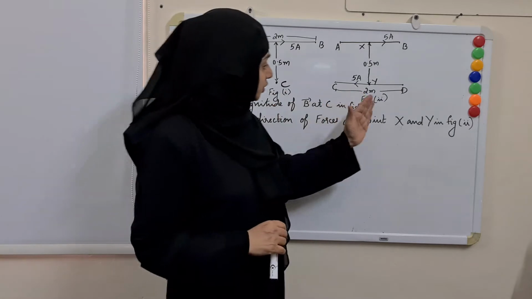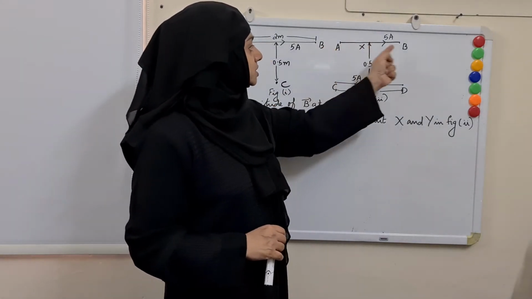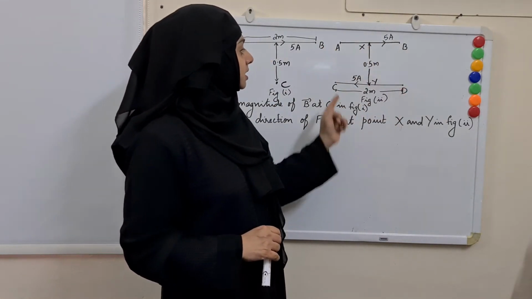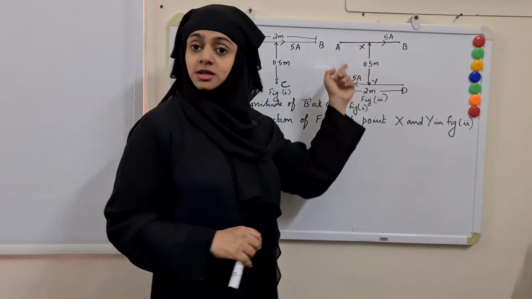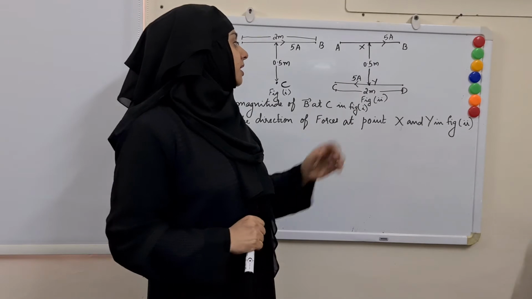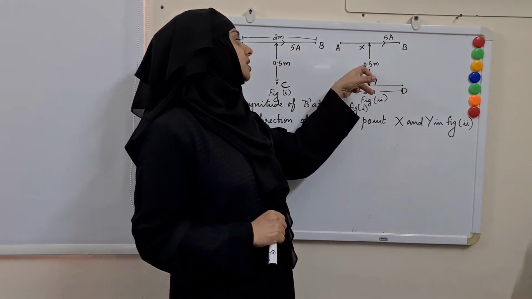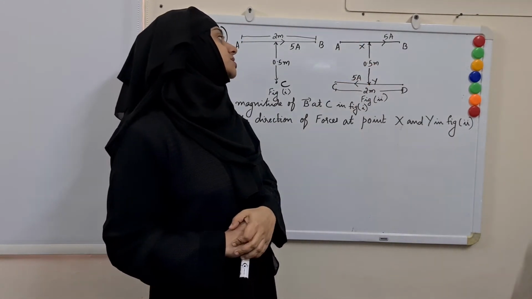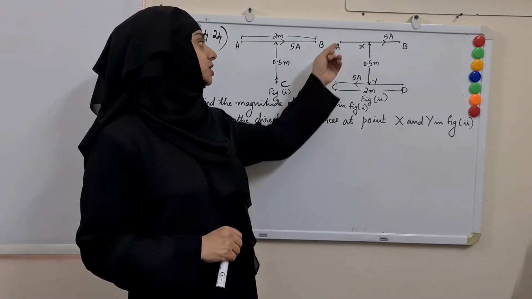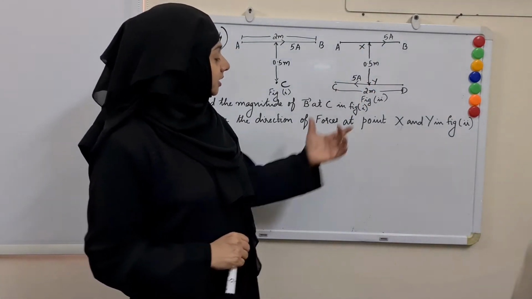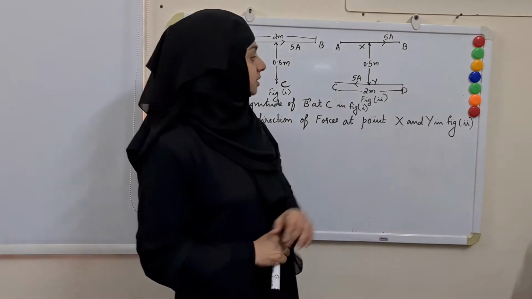Now in figure 2, you have two wires AB and CD carrying current 5 amperes each. The current is in opposite directions and they are separated by a distance 0.5 meter, and they have marked 2 points X and Y on these two wires. And the wires are of length 2 meter.